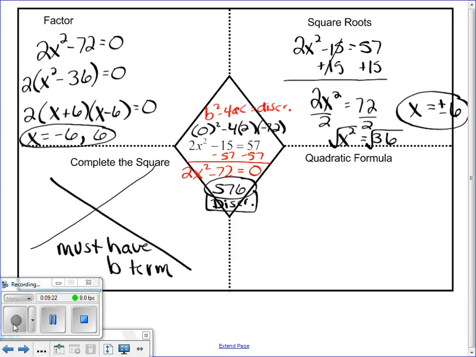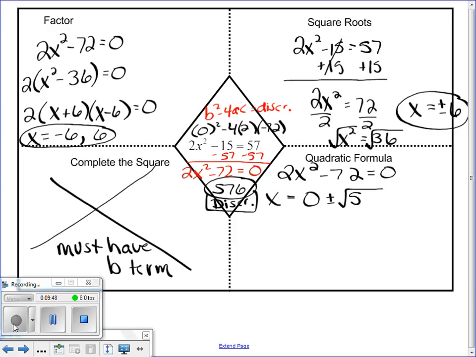Quadratic formula? Yeah, I can always do the quadratic formula. Set equal to 0 or no? Yes. So I have it set equal to 0 already, right? 2x squared minus 72 equals 0. We did that right here. All right, so x equals negative b. What's negative 0? Plus or minus the square root of 576.